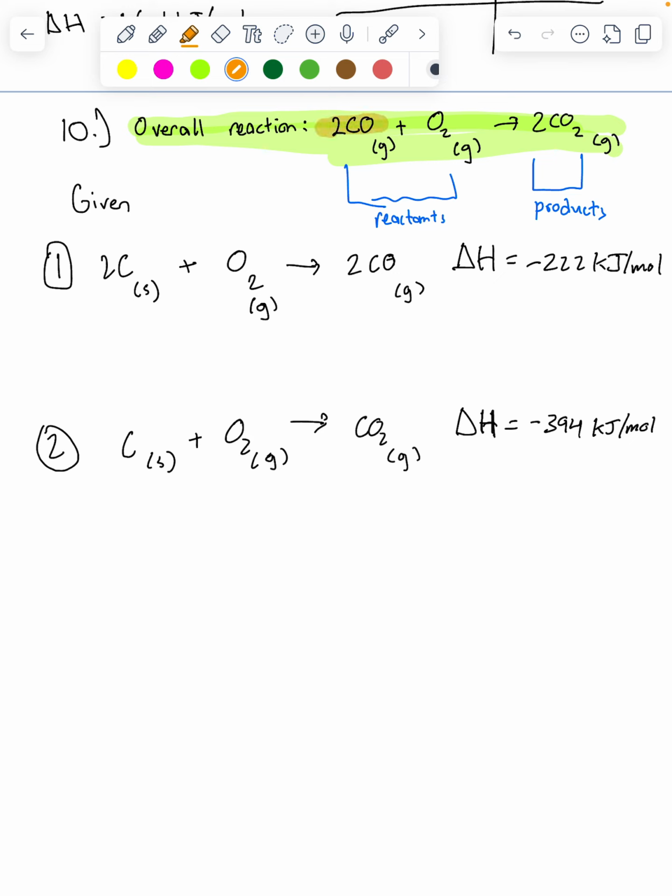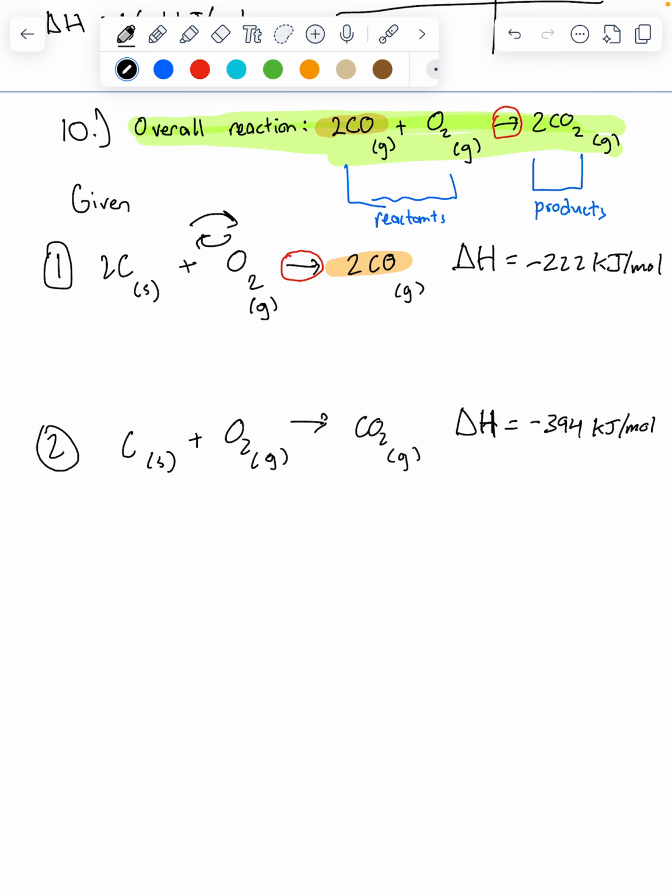If we take a look, 2CO is in the first equation, but right off the bat, we'll notice that it is on the opposite side of our arrow. On the overall equation, it's on the left, but in our given equation, it's on the right, which tells me that we are going to have to flip this entire equation.